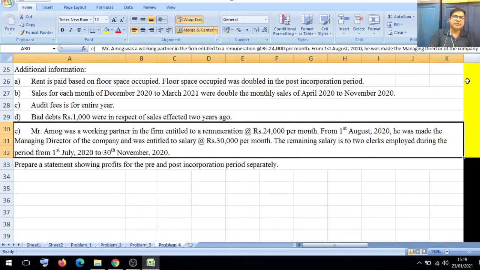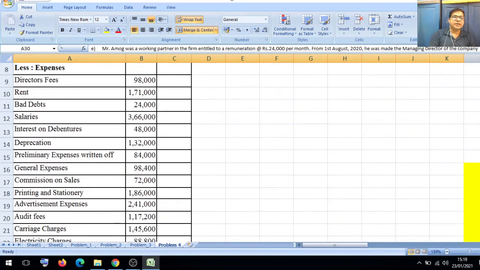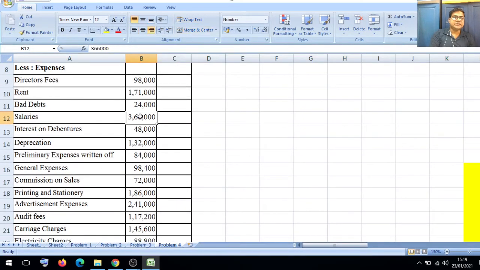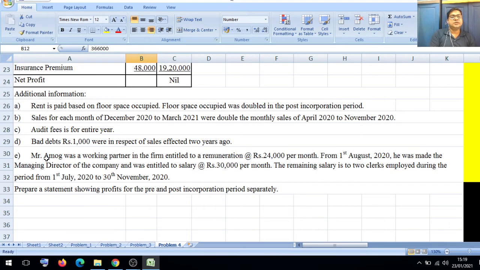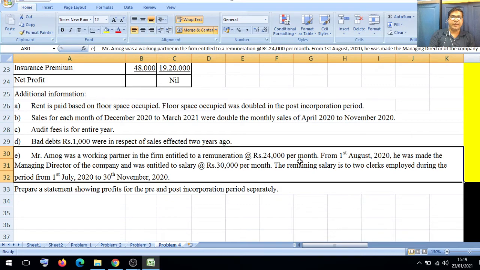The salary provided in our problem is 3,66,000. From this 3,66,000, the salary is related to Mr. Among and two clerks. So how will we allocate this?